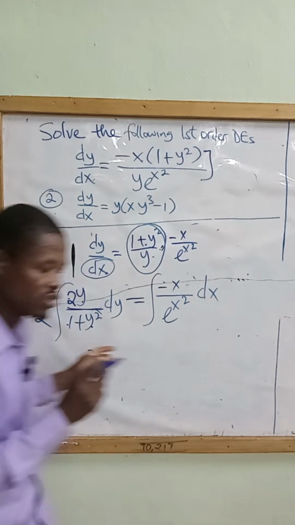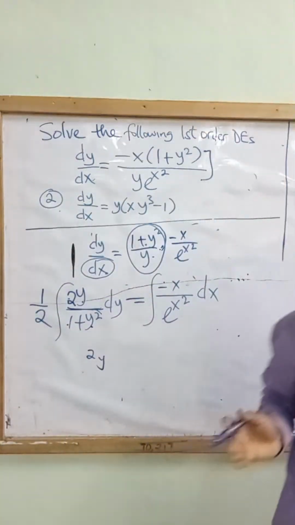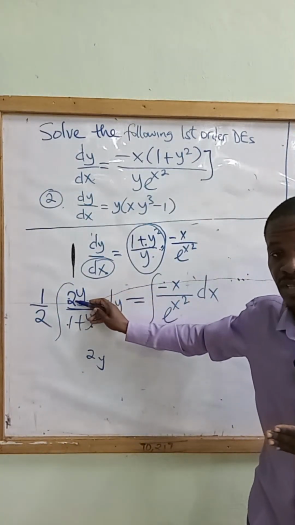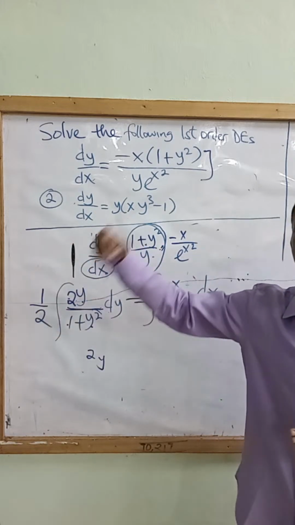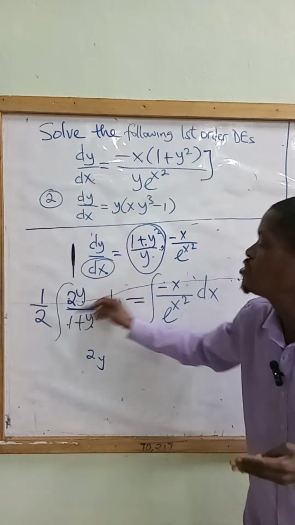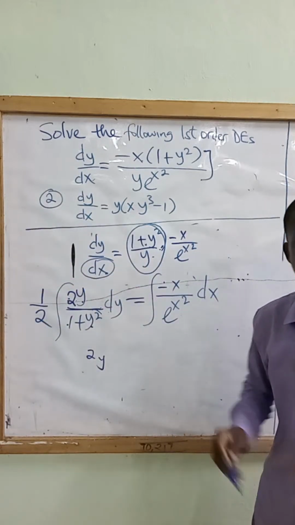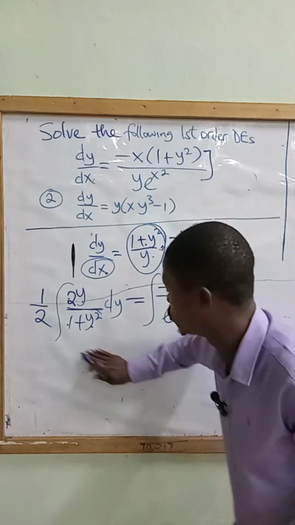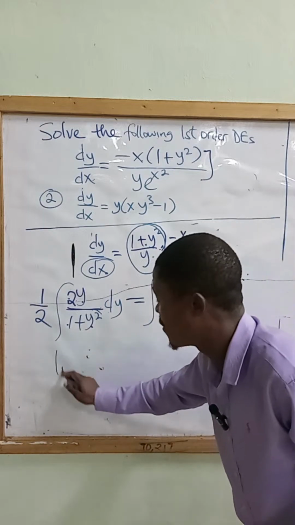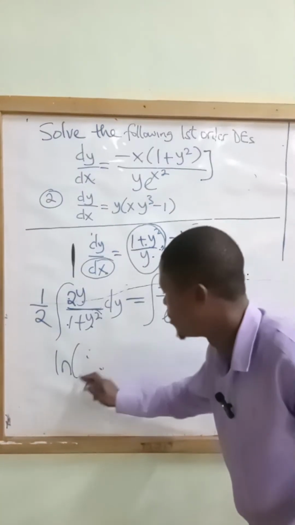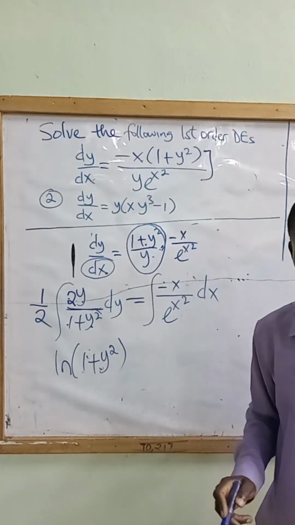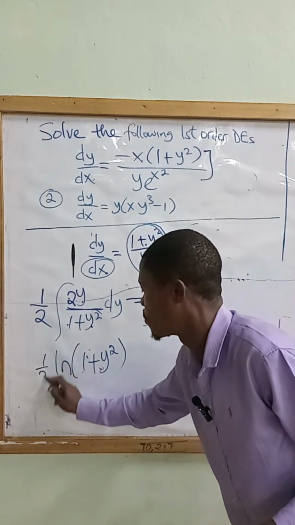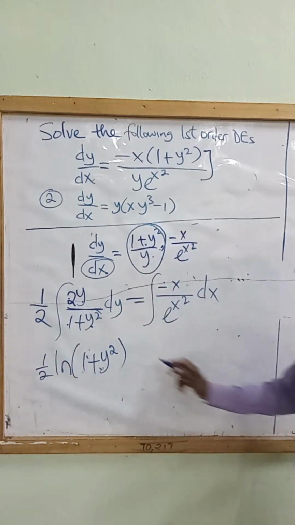We introduce 2 so that the derivative of the denominator will be equal to the numerator. In that case, that will be equal to the natural logarithm of your denominator, and don't forget the half on that side, equal to.